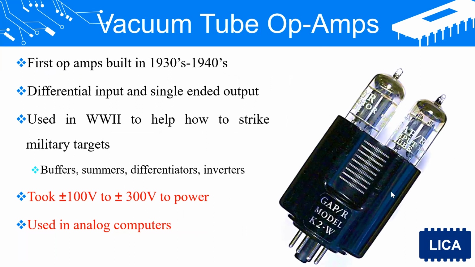In those days, it was used in analog computers to perform a variety of mathematical operations such as addition, subtraction, multiplication, etc. Due to its use in performing mathematical operations, it has been given the name operational amplifier. Due to the use of vacuum tubes, the early op-amps were bulky, power-consuming, and expensive.